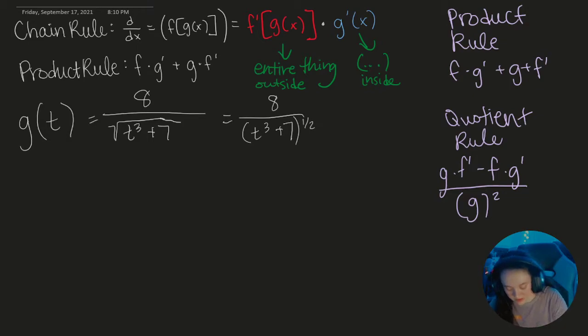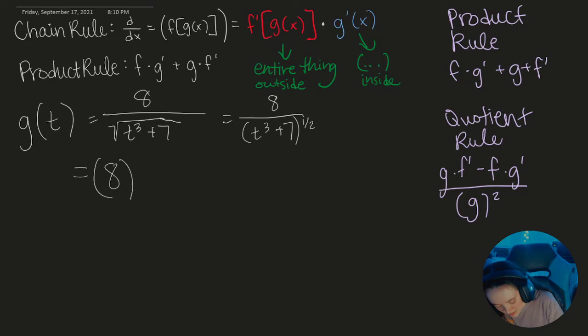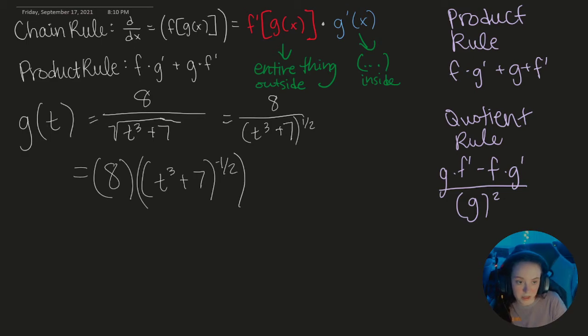So we're going to flip this. So I know I said it would be quotient rule, but it really isn't. It's just kind of set up similarly. So we're going to set this up again. And it would just be 8 times t cubed plus 7. And that would all be to the negative 1/2 right there.